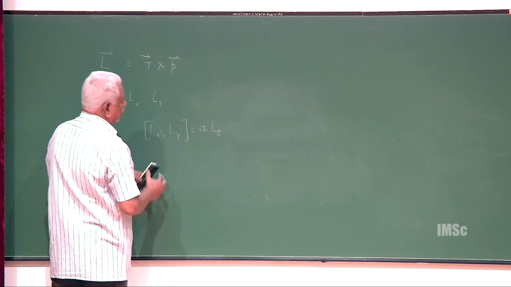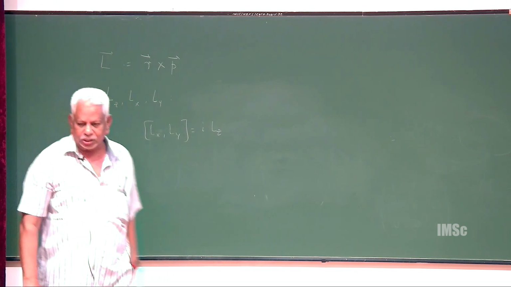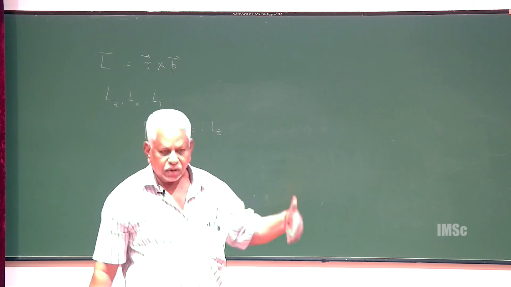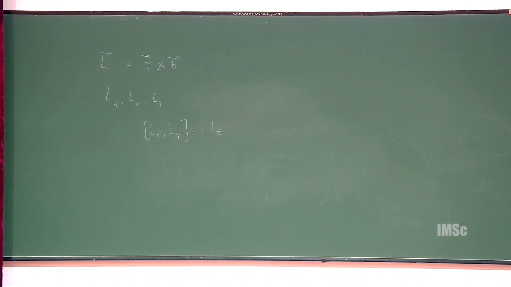I am dropping that h bar here. This is a commutation relation. I can write it for Ly, Lz and then Lx, Lz also, all the 3 of them. There are 3 commutation relations I can write and they obey that. Now, I have given a matrix form for that, because what is that matrix which I wrote for you?